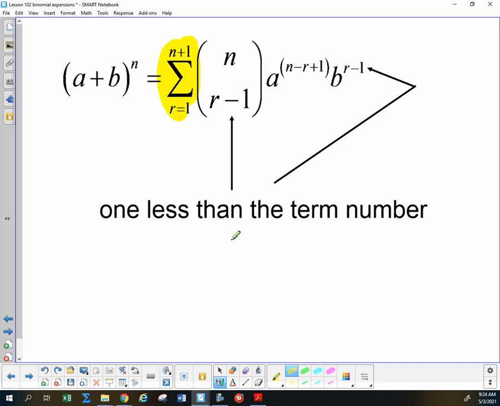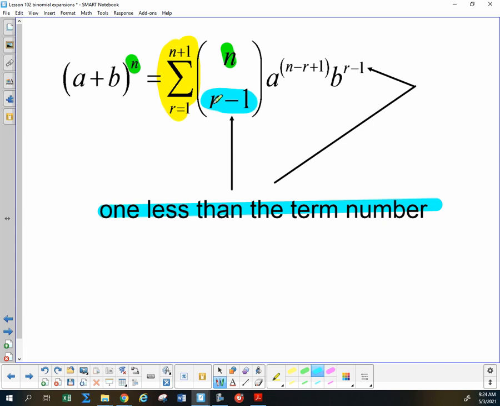And I'll talk more about that in a minute, but we are going to do the combinations, and the top number is always going to match the exponent on the original parentheses, and then the bottom number is always going to be one less than the term number. So if I want the first term, then choose a 0, which we'll need to talk about here in a minute.